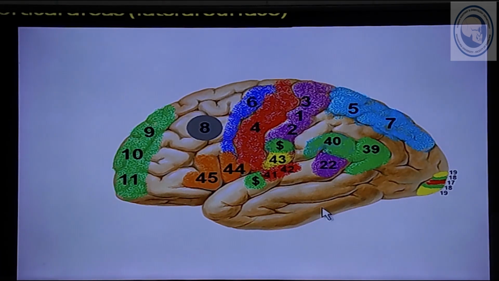And you should know also that any sense should be represented by two sensory areas. The first one is called the primary sensory area, and this area perceives the sense, while the next area will be the sensory association area, and this area is responsible for recognition of the sense. So we will start with the motor areas present in the frontal lobe.